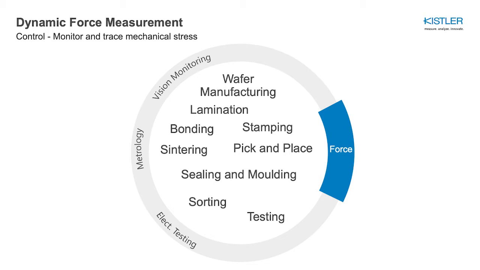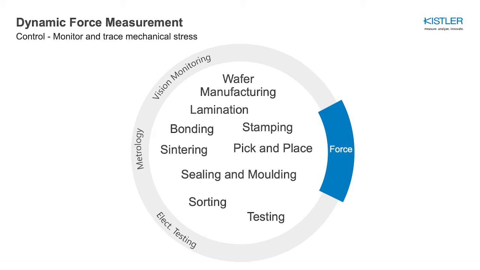The same is true for the lamination and delamination process, where you can monitor the applied forces in order to make sure the dies are not getting damaged by too much force. Another application is lead stamping, where the applied force has a correlation to quality parameters. Pick and place, sealing and molding, sorting and testing are further applications.